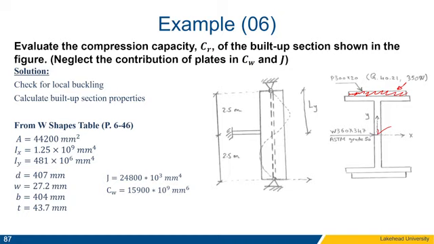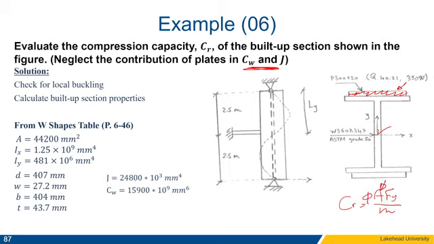And we do acknowledge that those plates will increase the Cw and J, but in the example we are told to ignore the contribution of those 2 plates to Cw and J. And keep in mind also that those plates will increase the cross-sectional area. So in the equation of the Cr, I'm not going to write the denominator, but it is phi multiplied by the area multiplied by the F yield.